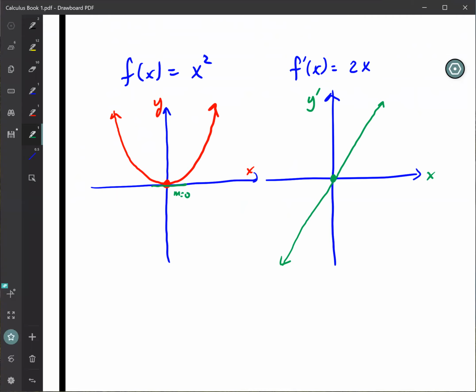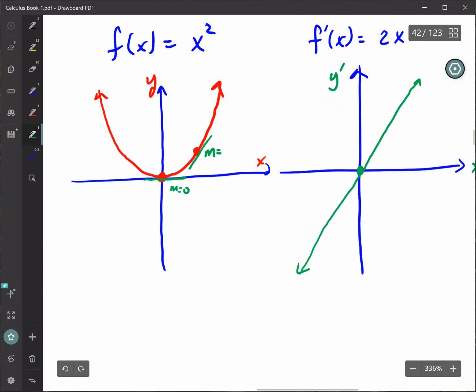Now as I move a bit more to the right on the red graph and place the tangent line, it looks like that. What do you think the slope of that line looks like? Can you approximate? Carrie, what do you think?